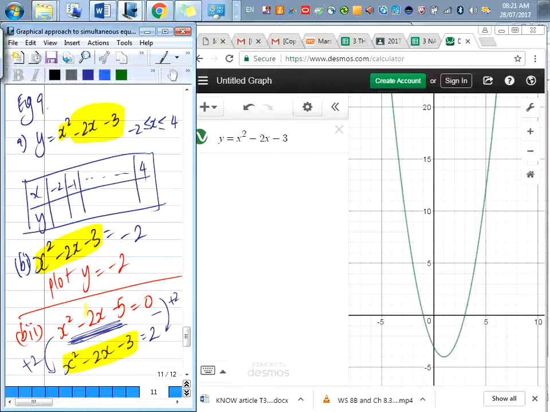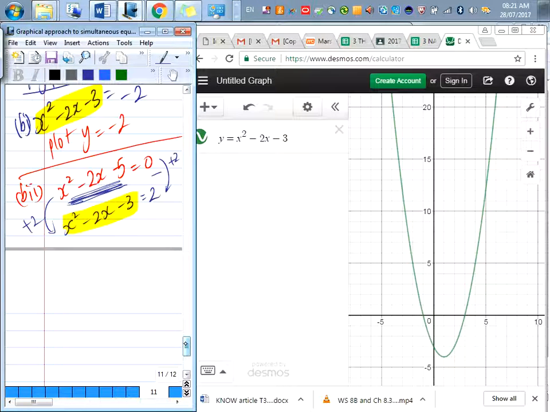That means I already have the graph for this, right? Then what graph do I need to draw now in order to find the solution? Then the next step will be, we draw y equals to 2. Is it easier to draw y equals to 2 as compared to draw one whole parabola again?